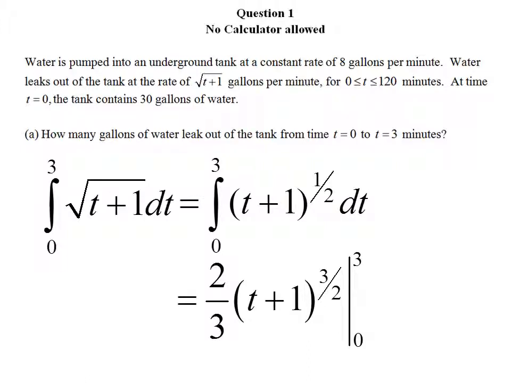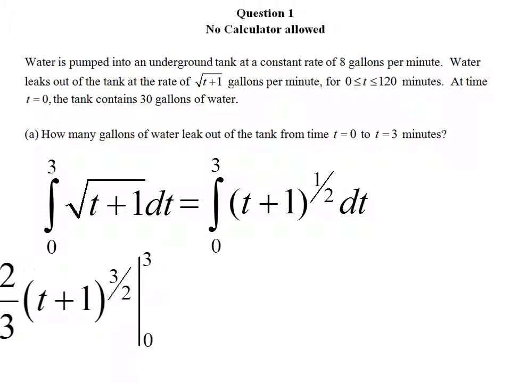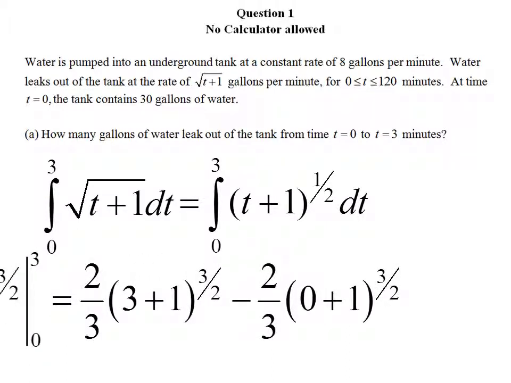Then we're going to evaluate that between 0 and 3, which means we'll plug 3 into that expression first, then we'll plug 0 in and subtract those two results. This is what it looks like, and that right there is a perfectly acceptable answer for this question.